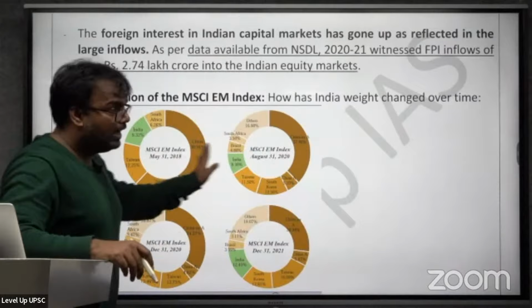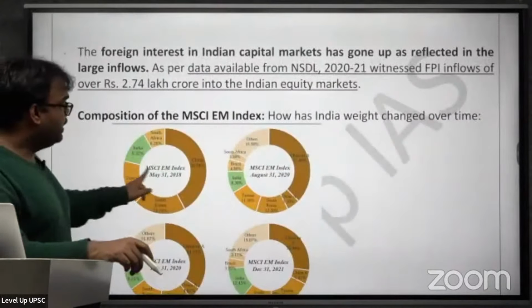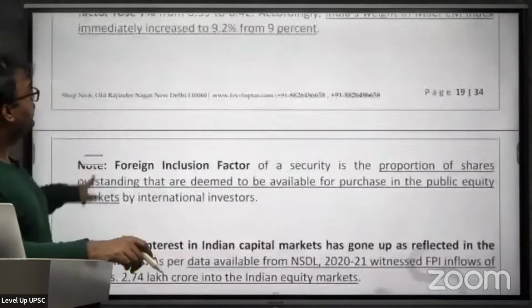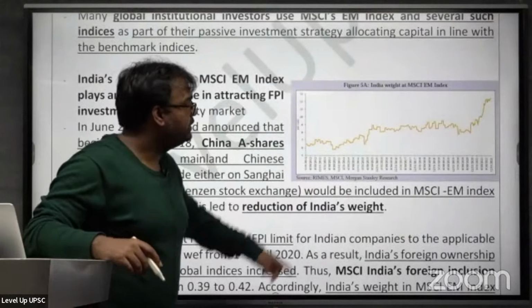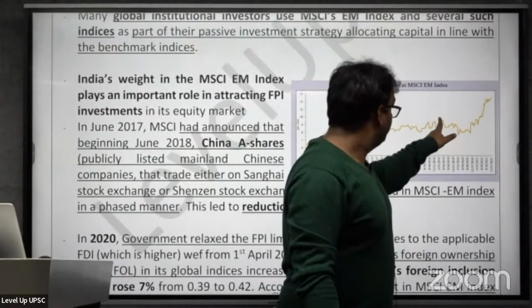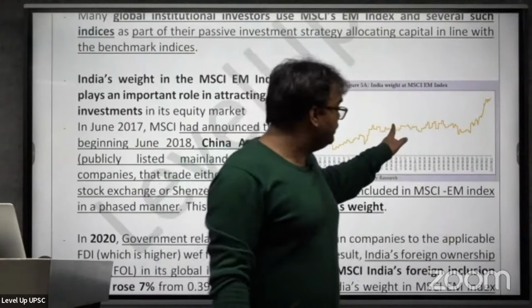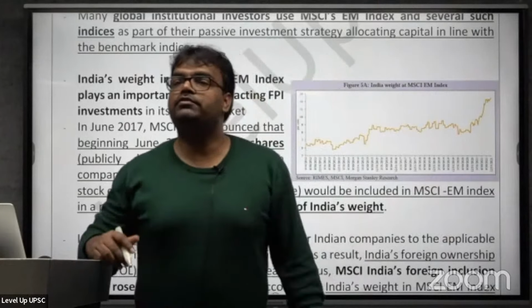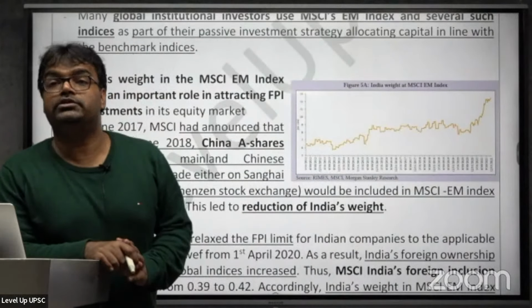So why has this weight gone like this? One reason for the decrease was, if you look at India's weight in the MSCI EM index, a reduction started here. One reason for this reduction was that some Chinese shares were added into the list which were not there before.